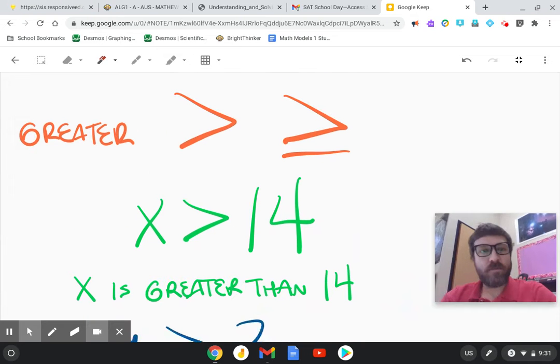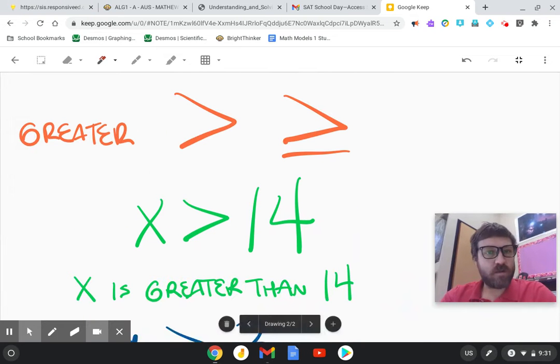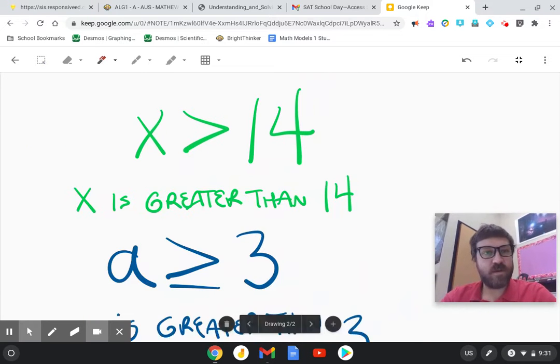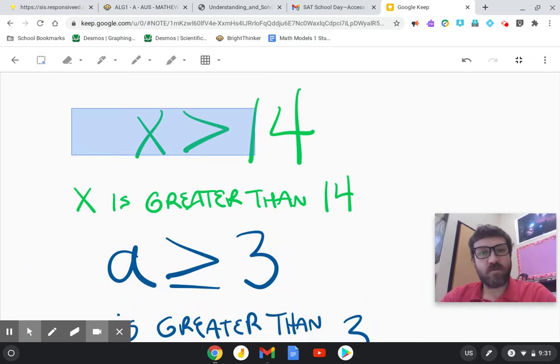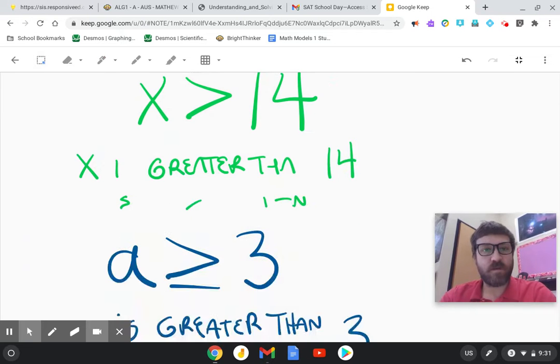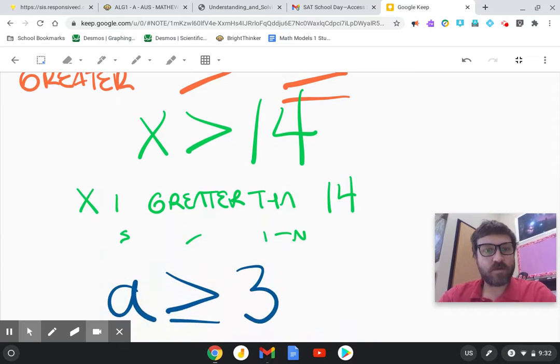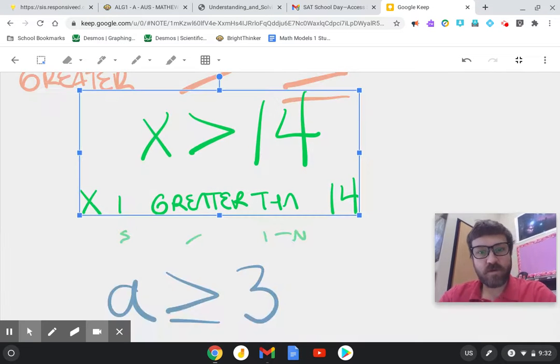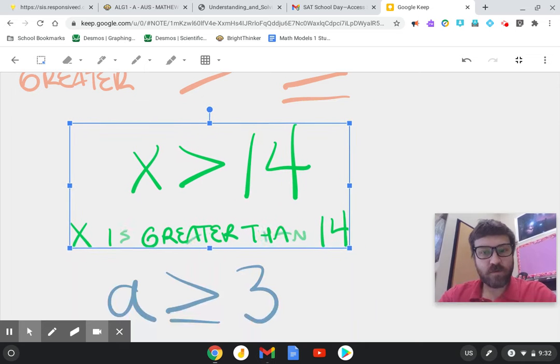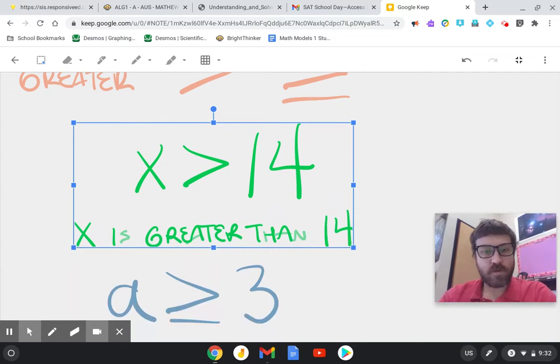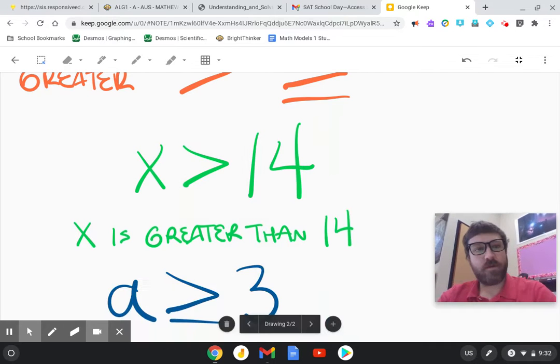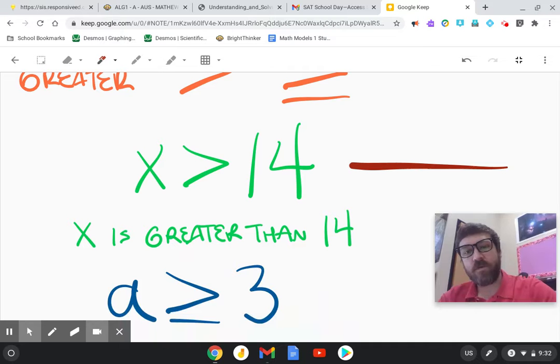On the number line, when we graph them, they're going to look like this. So if I were to graph X is greater than 14 on the number line, that would look like this. Wherever 14 was on the number line, I would have 14 right here.